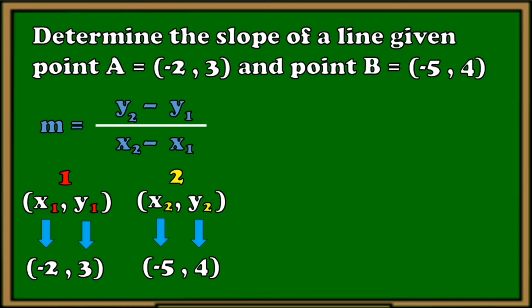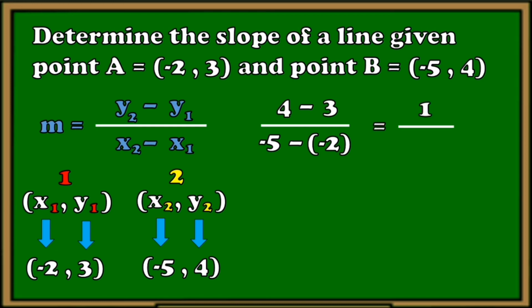We're going to substitute these values to our formula. Let's start with y sub 2, that is 4, then the operation, and y sub 1, that is 3, and for x sub 2, that is negative 5, then the operation. Next, x sub 1, that is negative 2. Now let's simplify. 4 minus 3 is 1, and negative 5 minus negative 2 is negative 3.